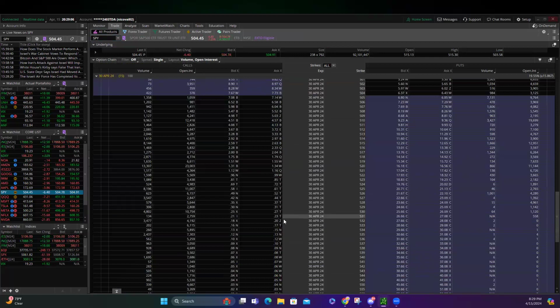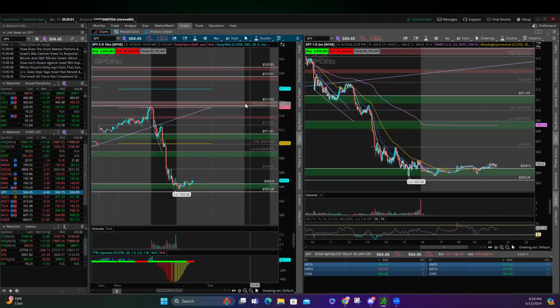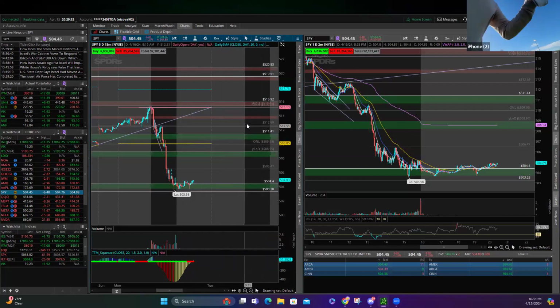Now I have a 530 that has 10,000 open interest with 4,000 volume. This is appealing. I'm looking for 515, but if I go on the dailies, my theta is going to consume my contract pretty fast. So if I want to take part, I need price as well.